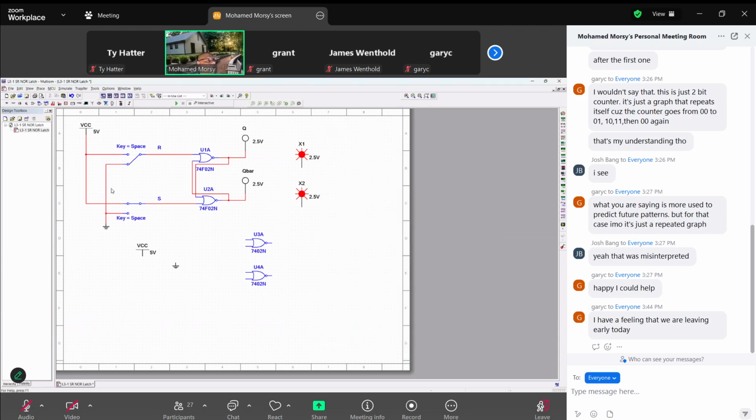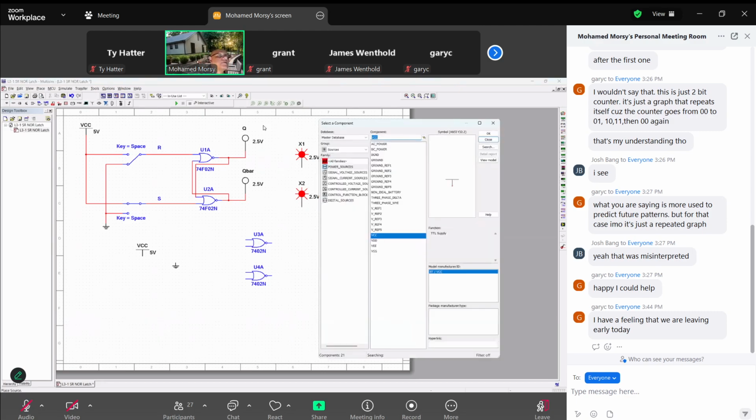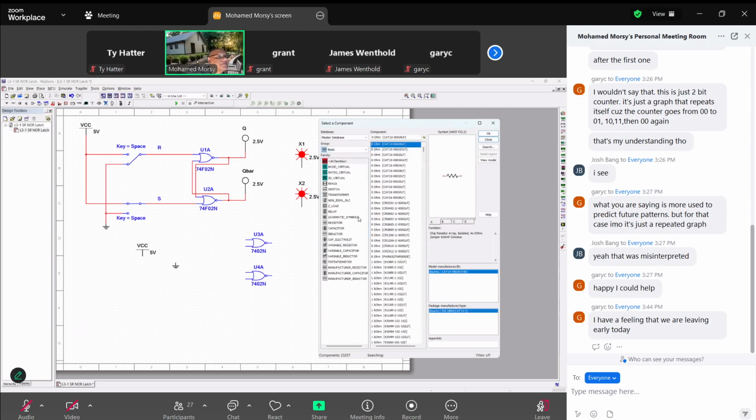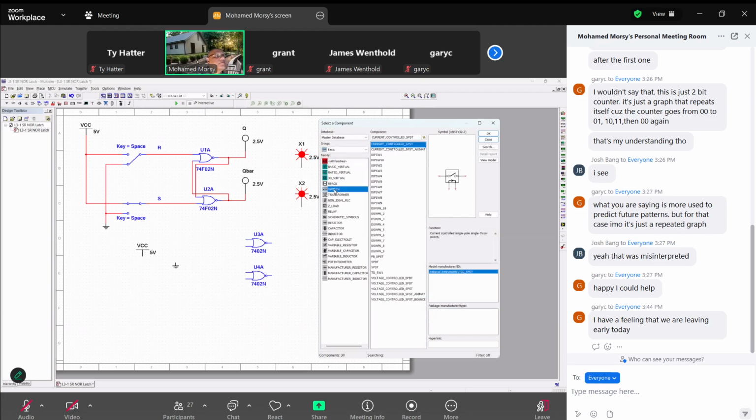So you have all the switch. We need the switch. So again, go back to here. Basic, switch here. This switch here is called SPDT. We need this one with two poles here.